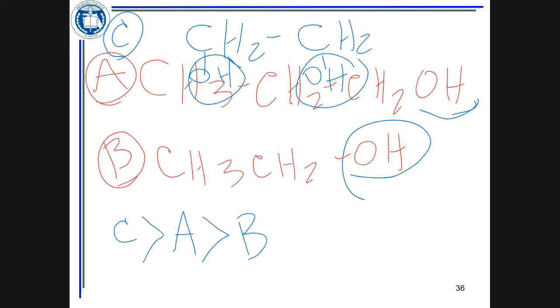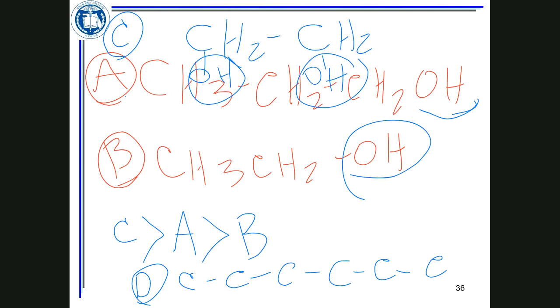I'm going to squeeze in a compound D here. Compound D has 1, 2, 3, 4, 5, and 6 carbon. Where should I place compound D? With 6 carbon. So what's the first question you're asking yourself?